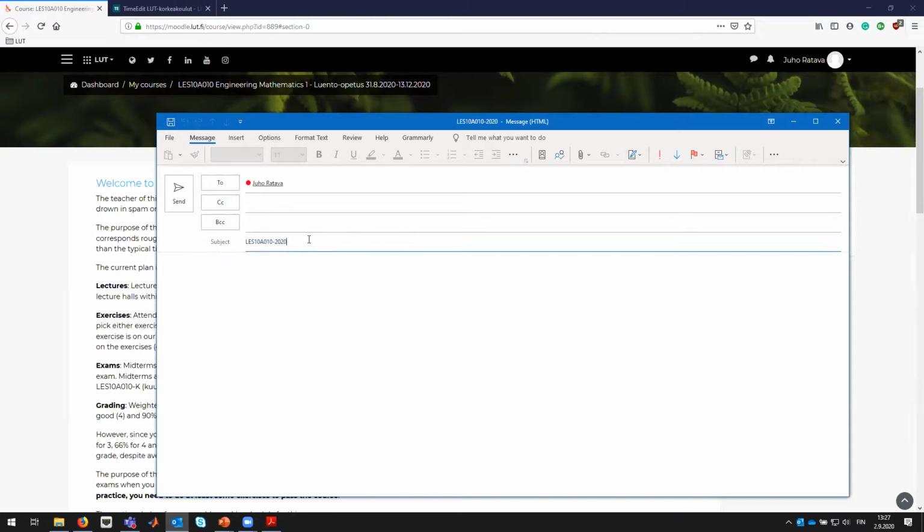You don't need to use the link. This is also fine, but just "engineering maths" is not fine, because it's going to match everything that has the word engineering and everything that has the word maths in it, so I'm going to find a lot of spam. If you use the course code, I'll be able to filter only the messages related to this course.